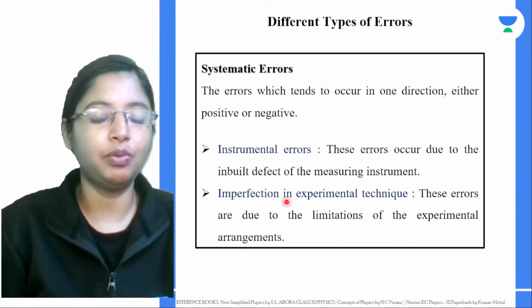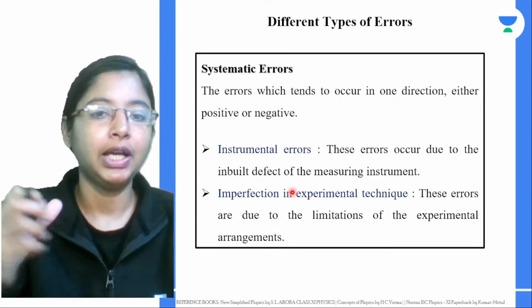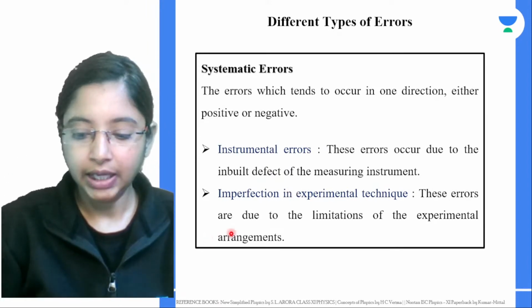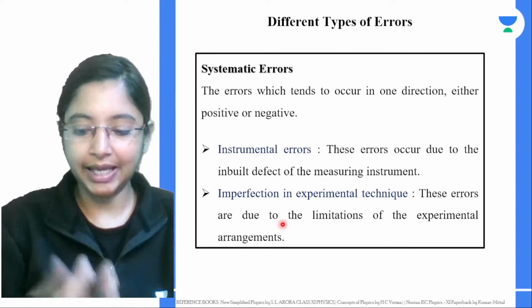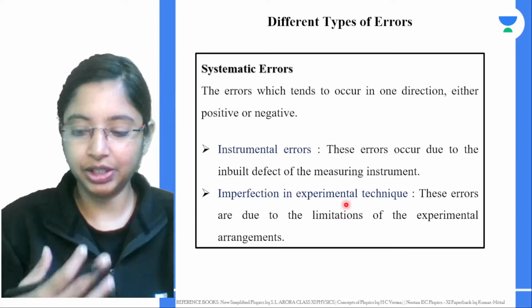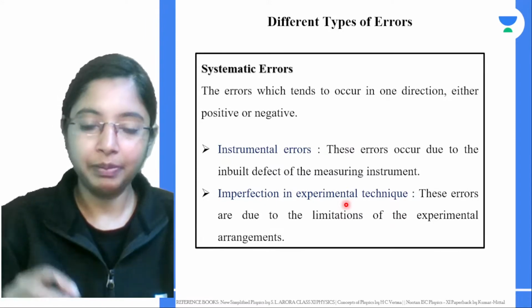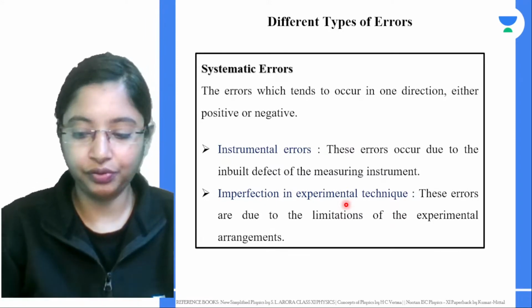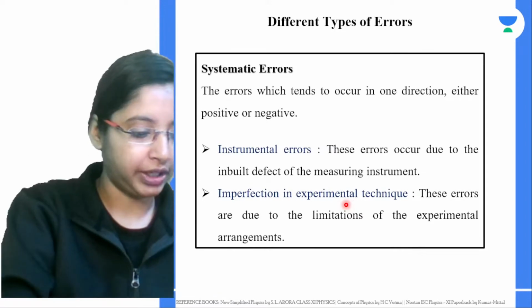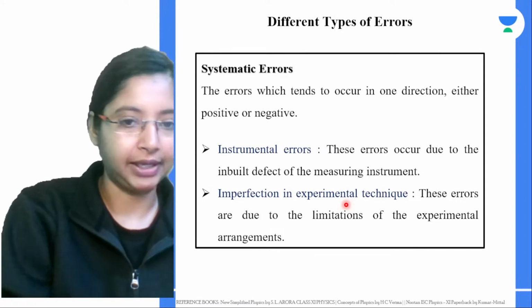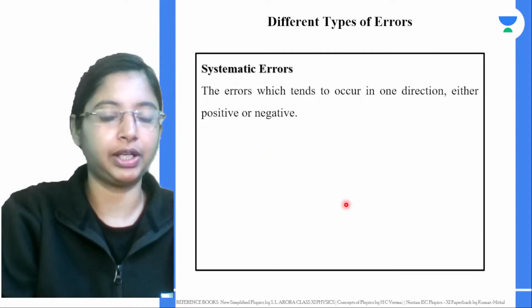Now the buoyancy of the air could cause an error. These errors you can correct, but you cannot eliminate them altogether. You can change the conditions of your experiment to get a better, more accurate value.